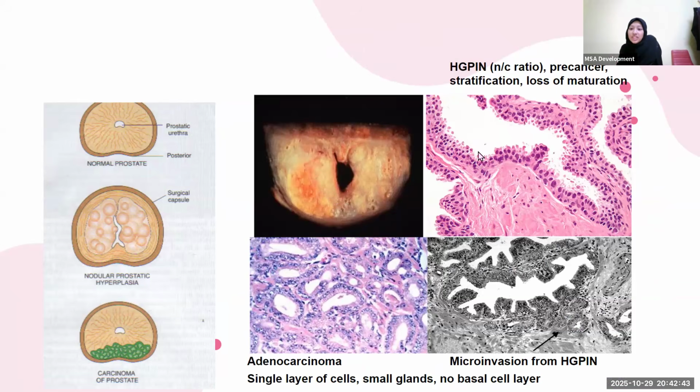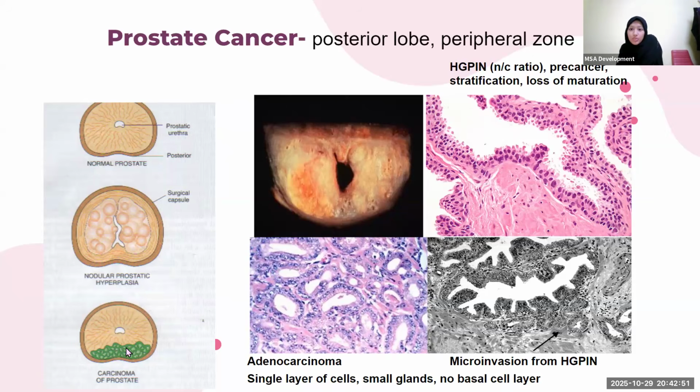It's losing differentiation, so loss of maturation. That's when you suspect prostate cancer. Prostate cancer happens in the posterior lobe or the peripheral zone. So the posterior peripheral zone is the most common site of prostate cancer, whereas BPH was nodules all over the transitional zone in the center.